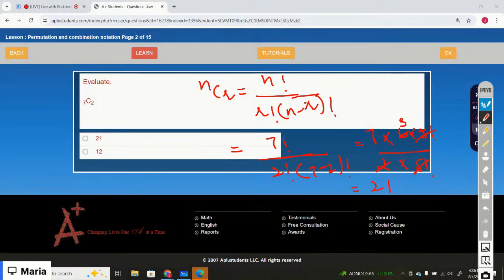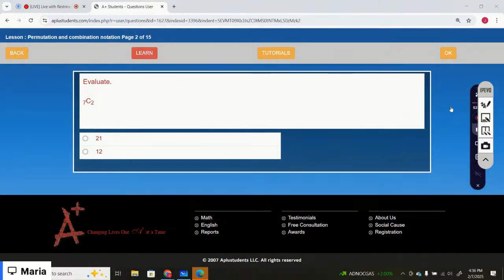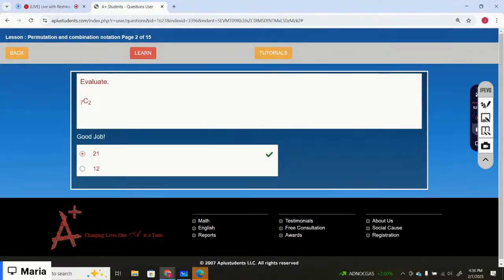So 7 times 3 is 21. The correct option is 21. Option number 1 is the correct option.